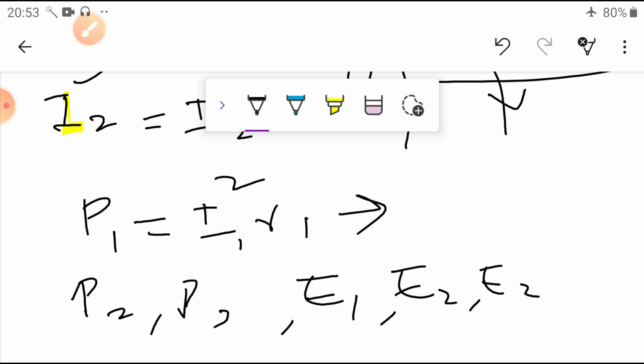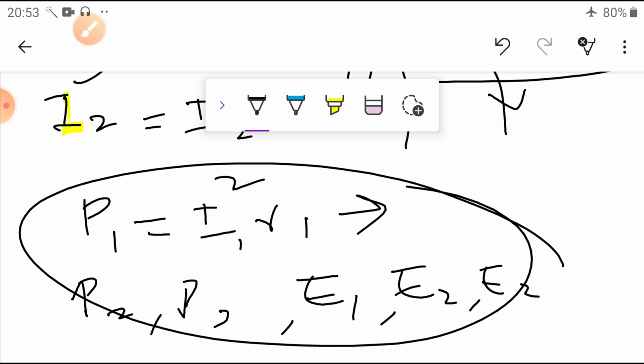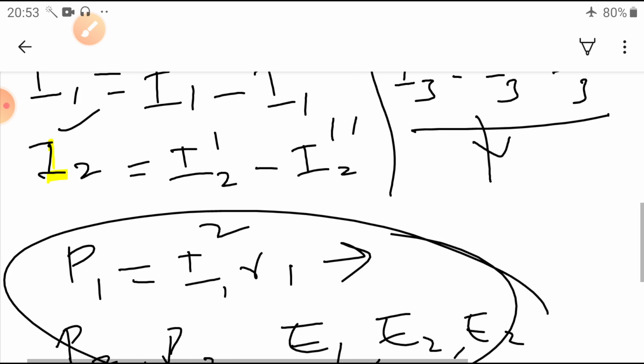Whatever you require, you can easily calculate it if you know the current values in the elements. Okay. So, this is a simple application of superposition theorem.